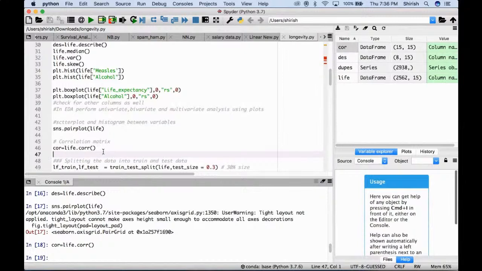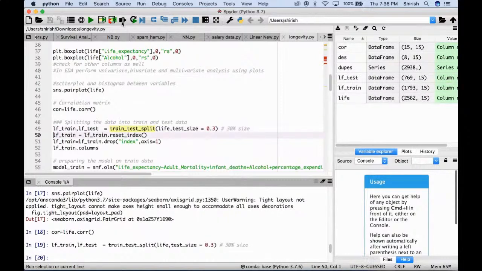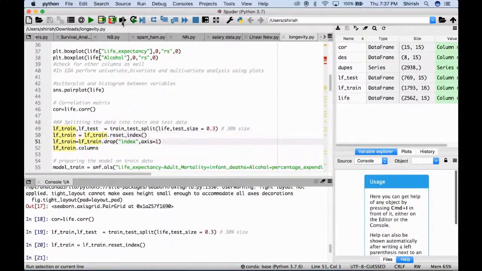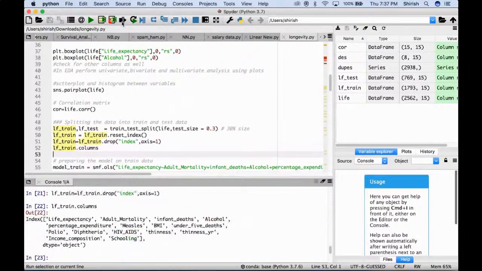So quickly, let me build the model and show you the output here and understand the significance, where we have just split the data. And now I do. These are my columns now.